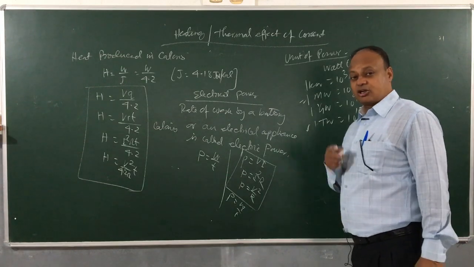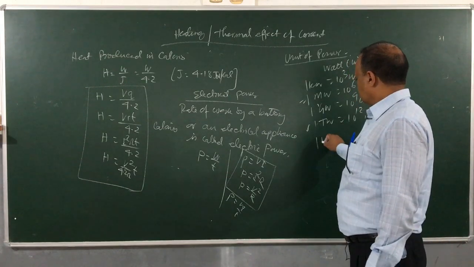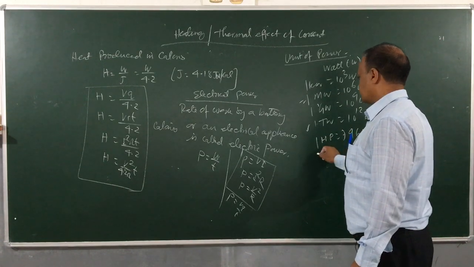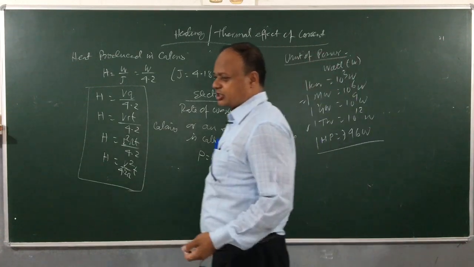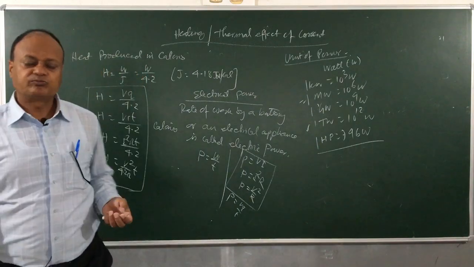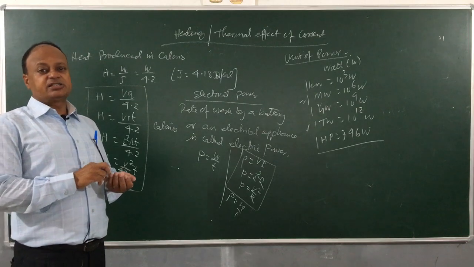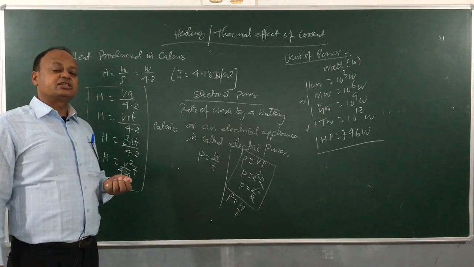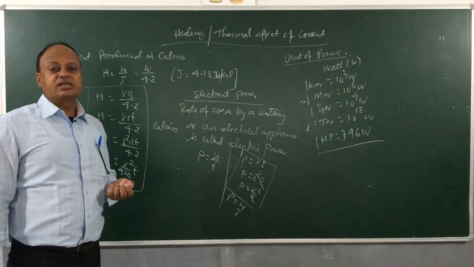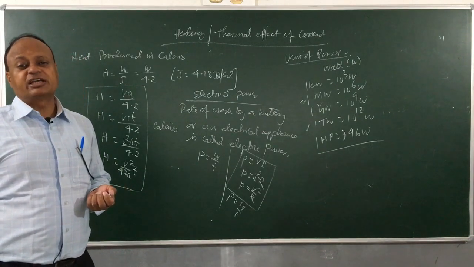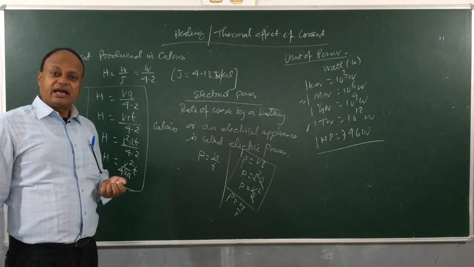Then we make another commercial unit which you use very often. 1 horsepower is equal to 746 watts. Clear? So electricity, children, basically is a form of energy, and energy is used very extensively by us. Like when I started this chapter, I told you that electricity is so essential that we cannot do without it. Hence, we consume huge amount of electrical energy for the household activities.